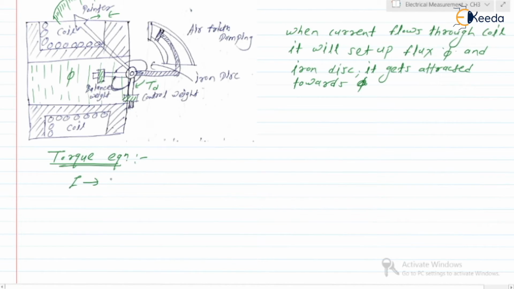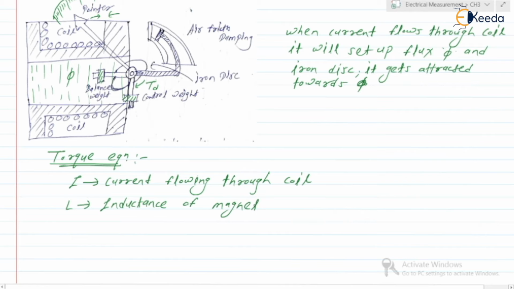I is the current flowing through the coil. Next, L is the inductance of the magnetic circuit. So initially we have the inductance of the magnetic circuit and the current flowing through the coil.